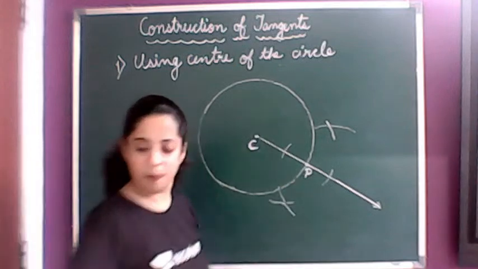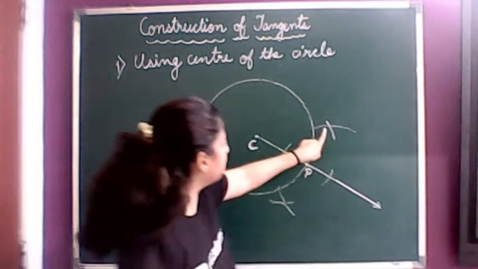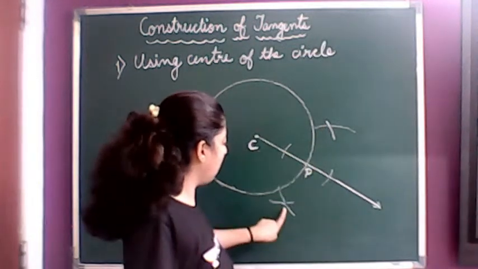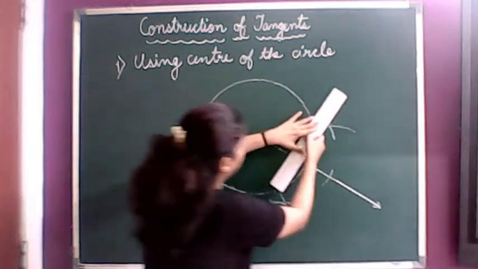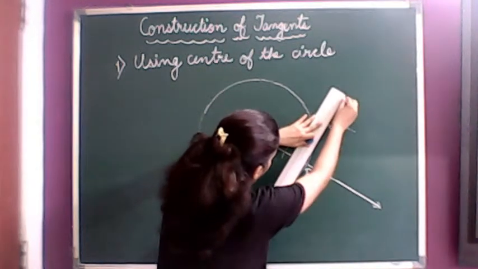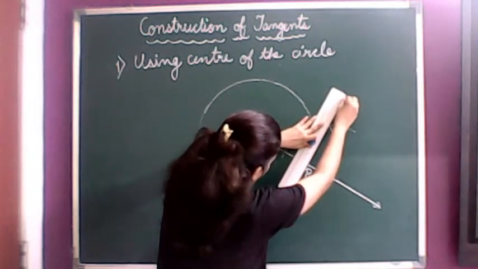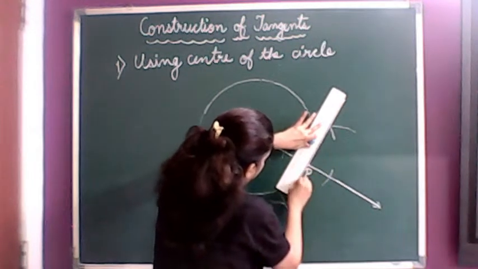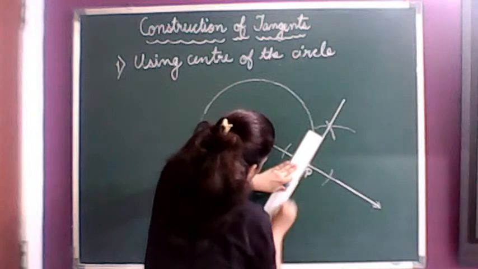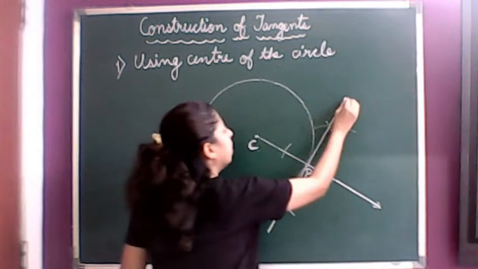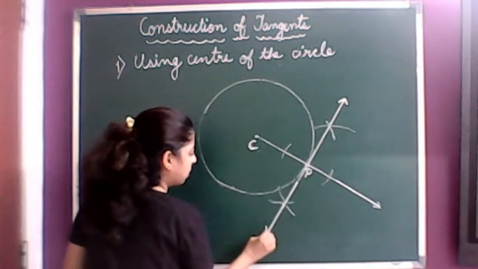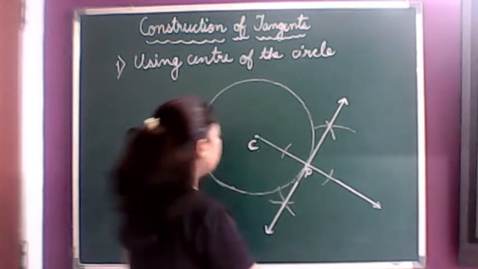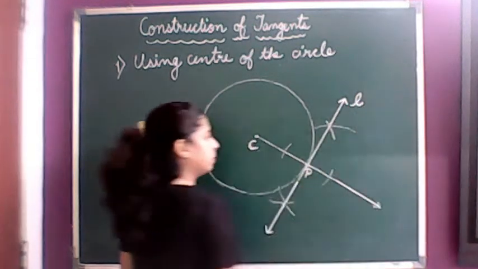Is it clear? Now simply join the point P and this point of intersection. Draw an arrow on both the sides because tangent is a line.